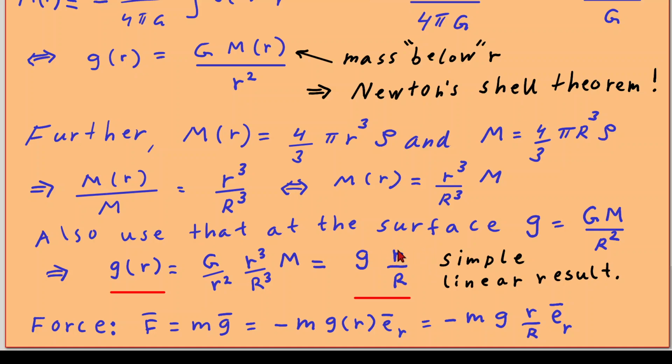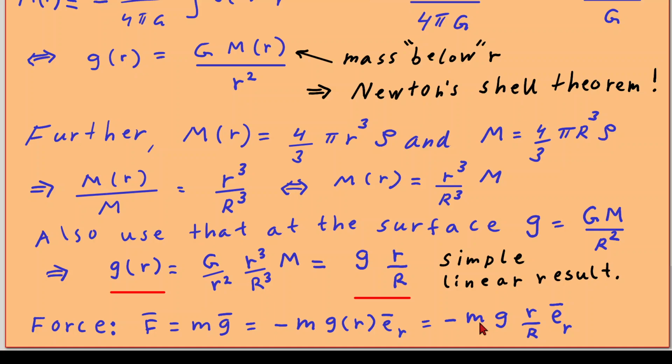The radial distance is proportional to a constant, g divided by capital R. Then it's a linear behavior. It would not be linear, for example, if it was r squared here instead. And the force inside the Earth is given by mg, like this, and so you get this.